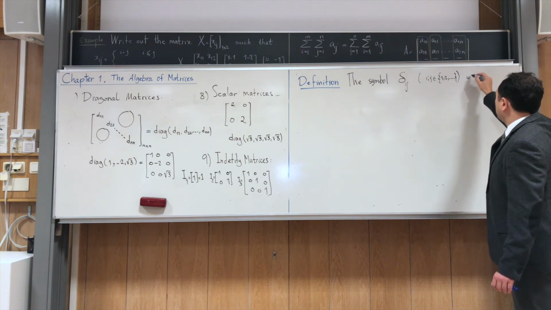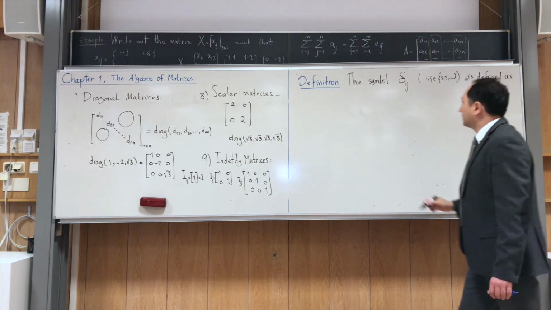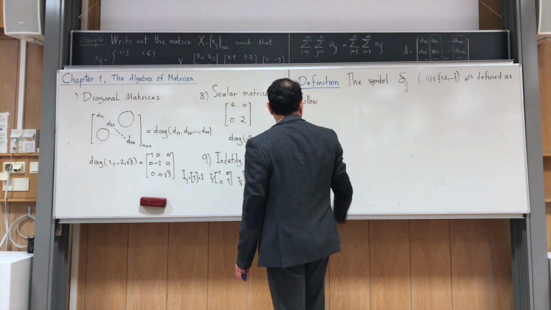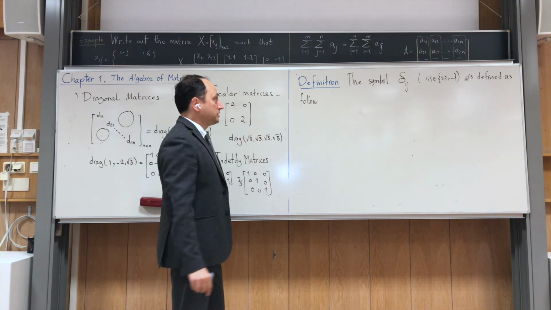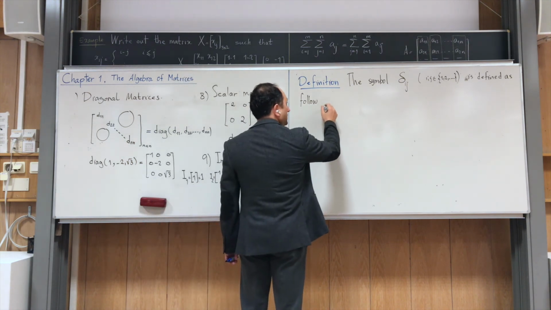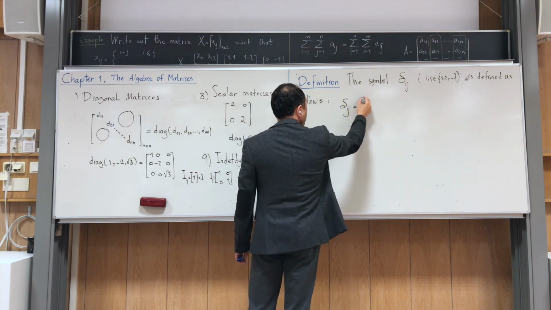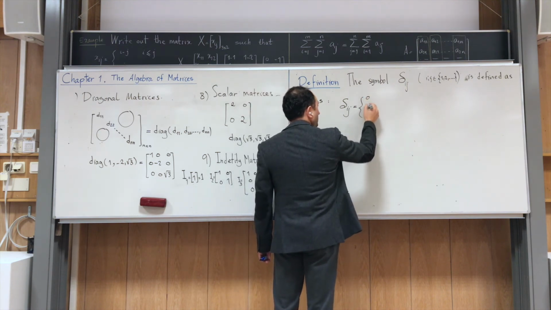which is defined as follows. It doesn't look impressive, but you will see that we will use it quite a lot. So it is defined as follows. Delta ij takes two values, either 0 or 1.